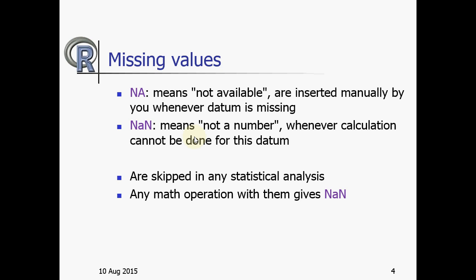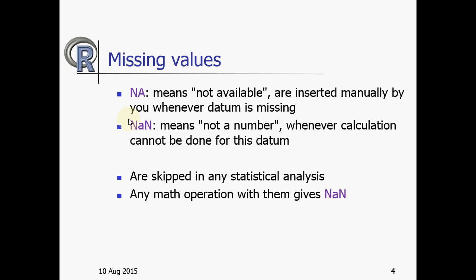The square root of a negative number doesn't exist, so it's NaN. So not a number. For the statistical program, both are skipped in any statistical analysis. So it doesn't matter whether the datum is NA or NaN. They are considered the same and both are skipped automatically.